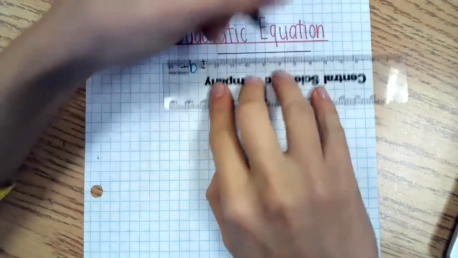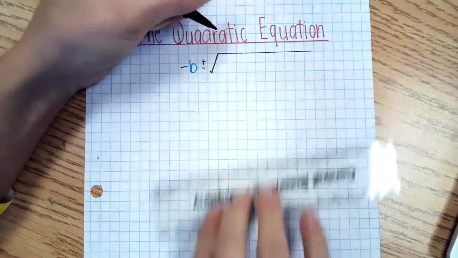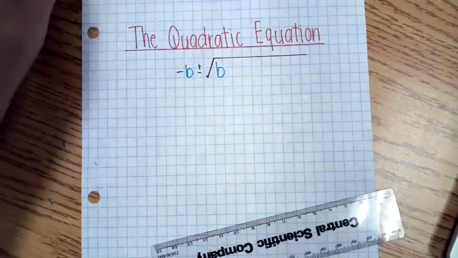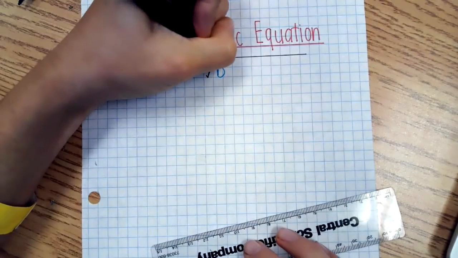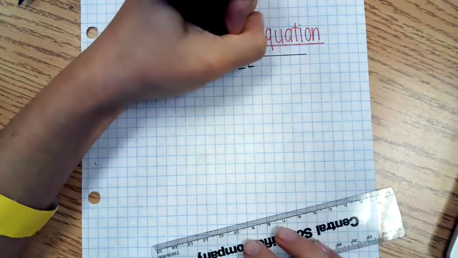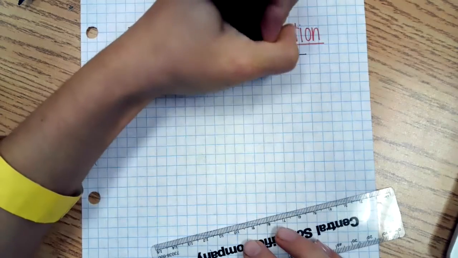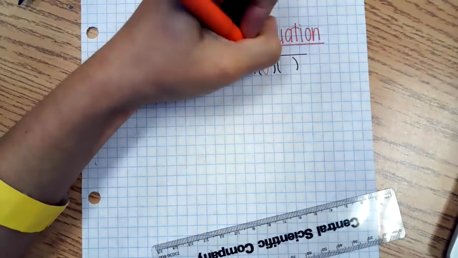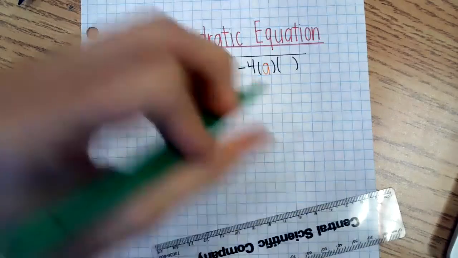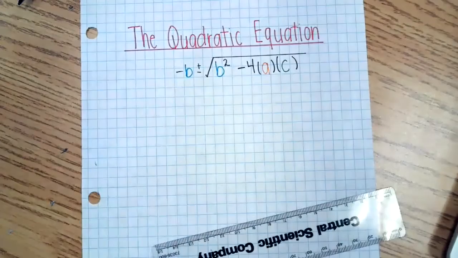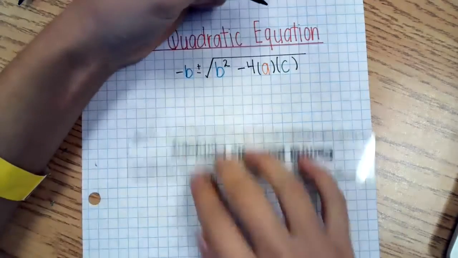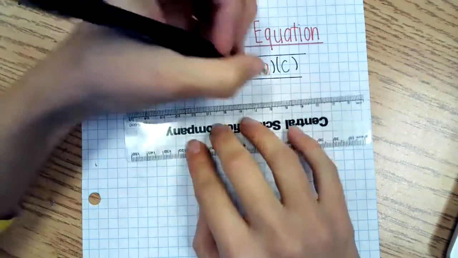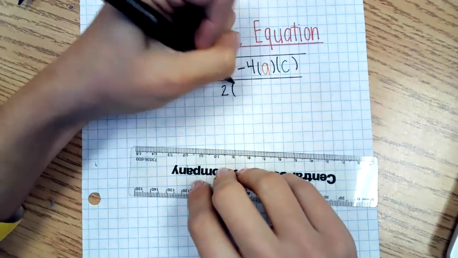It'll be a big radical, the square root of b squared minus 4 times my a value and my c value, 4ac, and that entire thing is going to be divided by 2 times a.